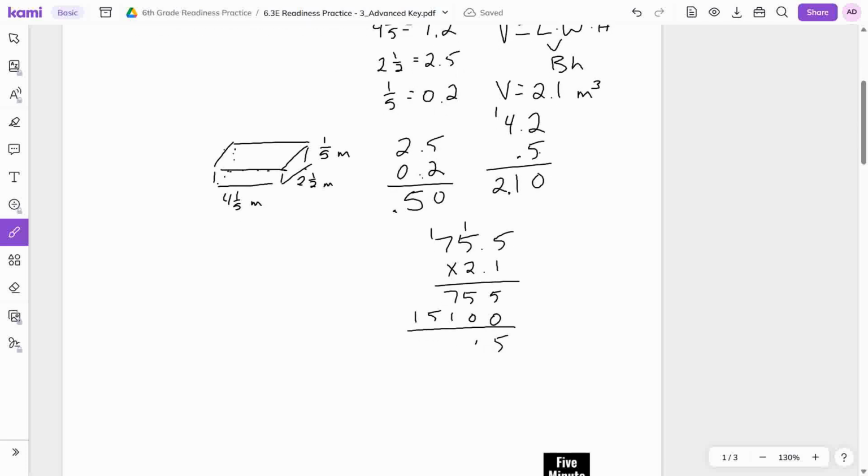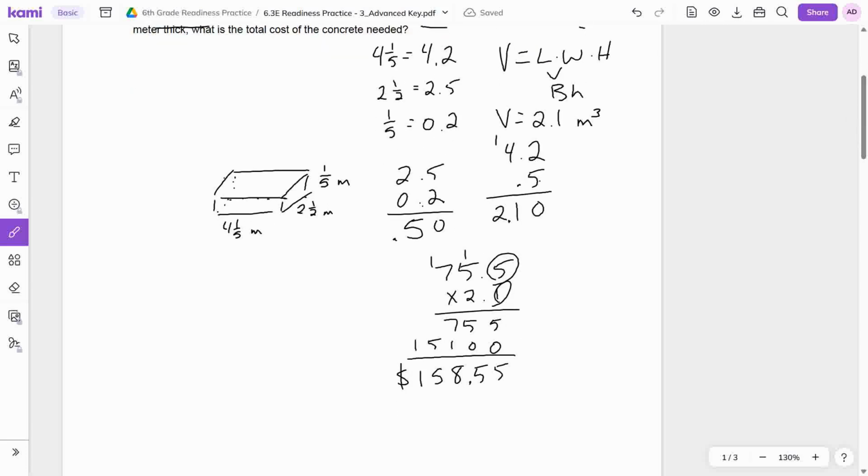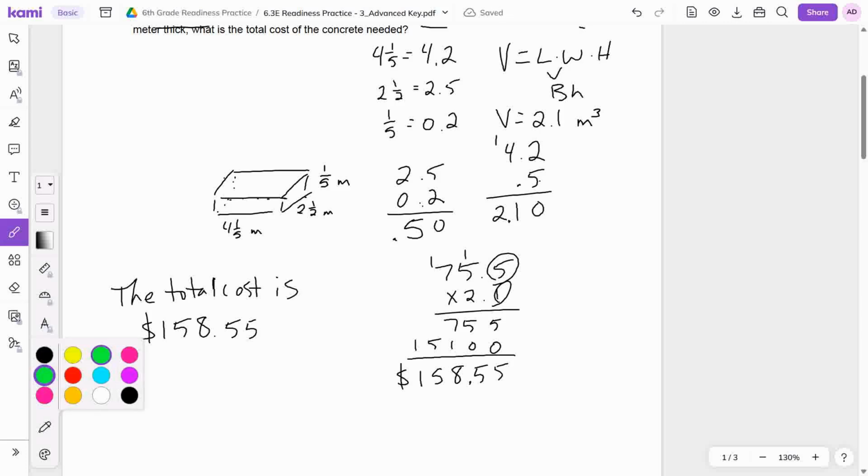So 5, 5, 8, 5, 1. I've got 2 digits behind the decimal, so I need 2 digits behind the decimal. There's my final cost. If we go down to the penny, we can say the total cost is $158.55.